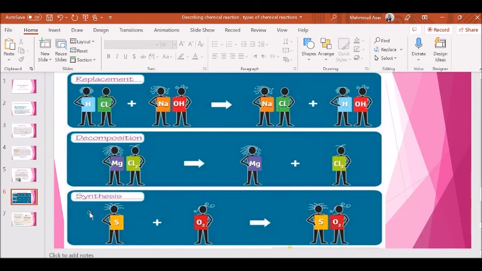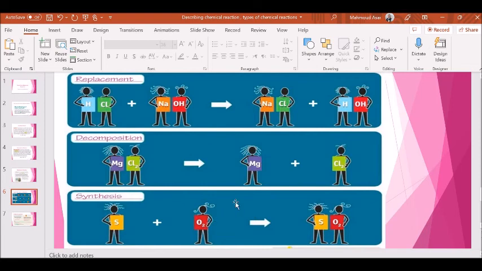The last type is synthesis chemical reactions, when you add sulfur to oxygen to form sulfur dioxide. These are different, there are two types of elements. Both of them are non-metals, yes, but we add them together to form one complex chemical substance, which is sulfur dioxide.